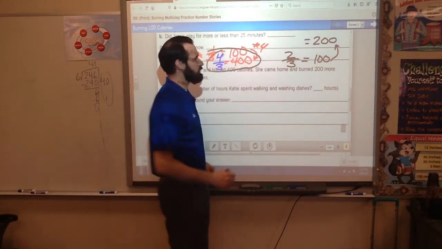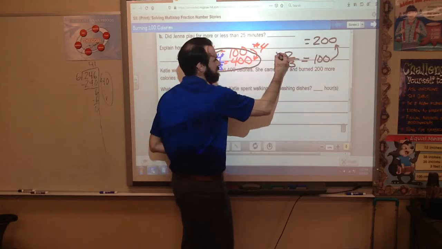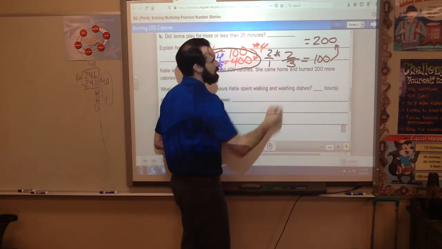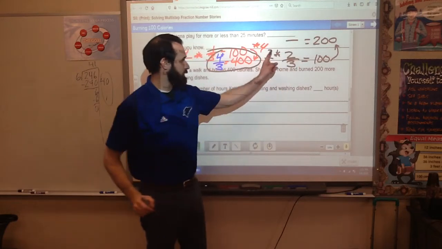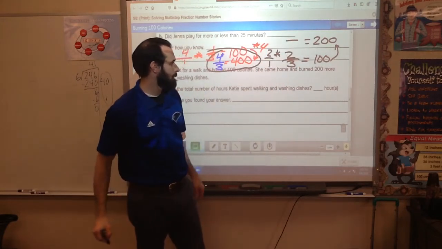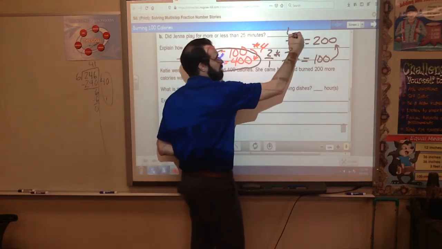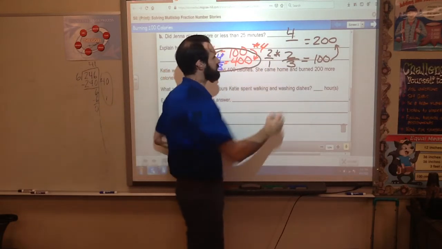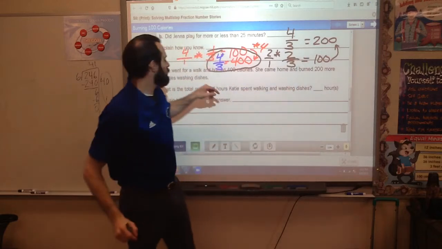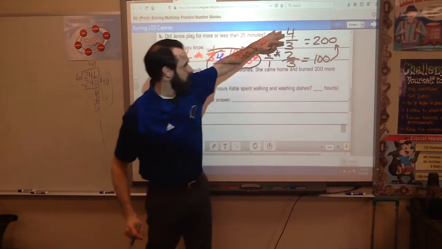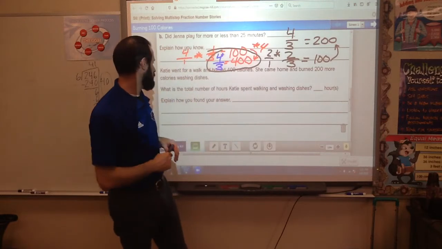We're multiplying by 2, which means that we need to take this and also multiply by 2. Let's see if we can figure out that fraction. 2 times 2 is 4, and 1 times 3 is 3. So, total, we have 4/3 of an hour spent walking, and 4/3 of an hour spent washing dishes.